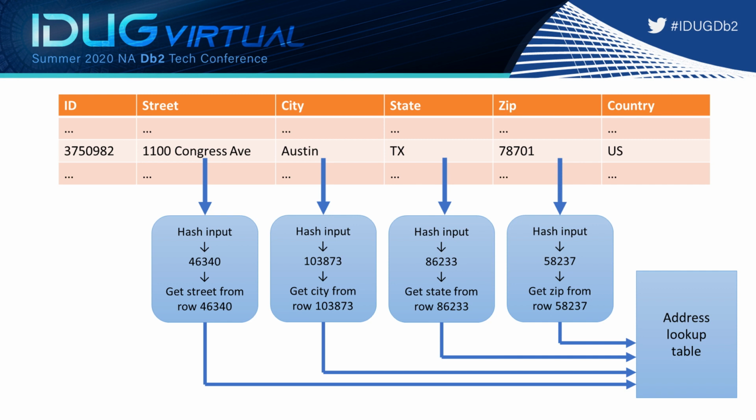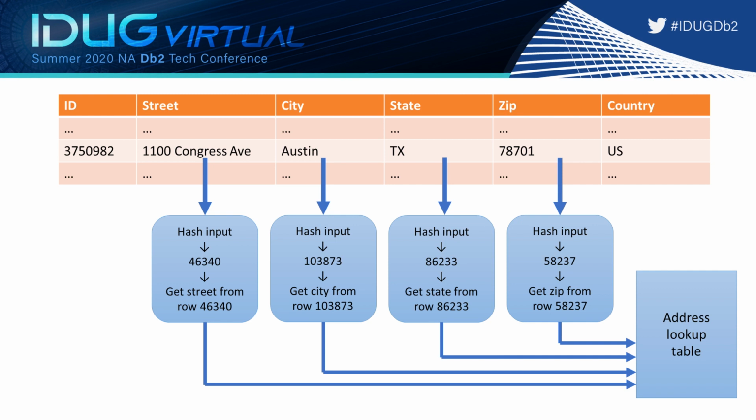The way the lookup tables are used is that the masking functions calculate a hash number, use the mod function to make sure the number is between 1 and the size of the lookup table, and then it picks that row from the lookup table and returns one component of the address. So for the street name, we would look into row 46,340 of the lookup table and use the street name that is stored there.